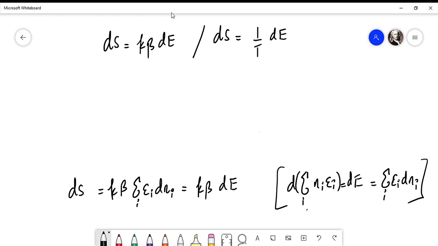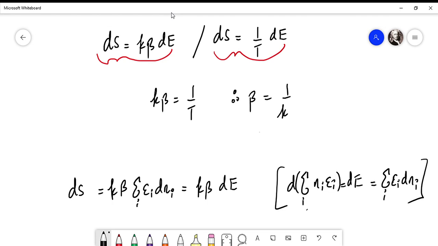So when you compare these two equations, the coefficients should be the same. So then this gives you k beta as 1 over t, therefore beta is 1 over kt. Okay, so this is how we find the constant beta in the Boltzmann's distribution function.